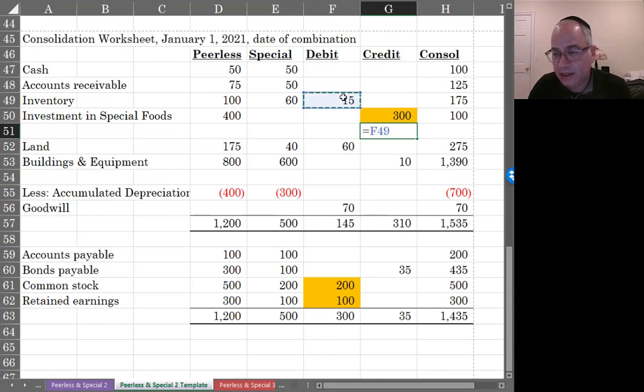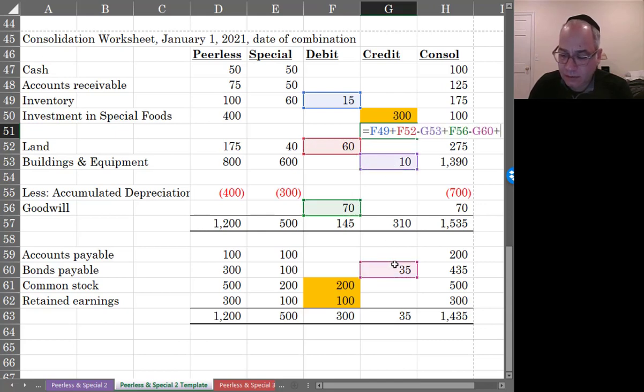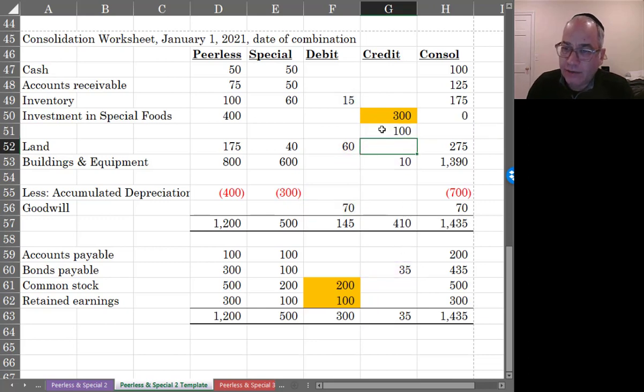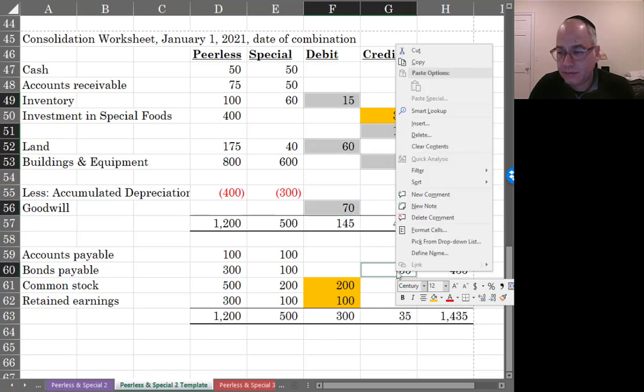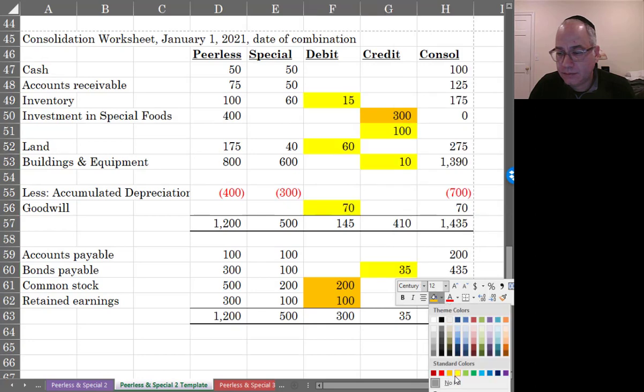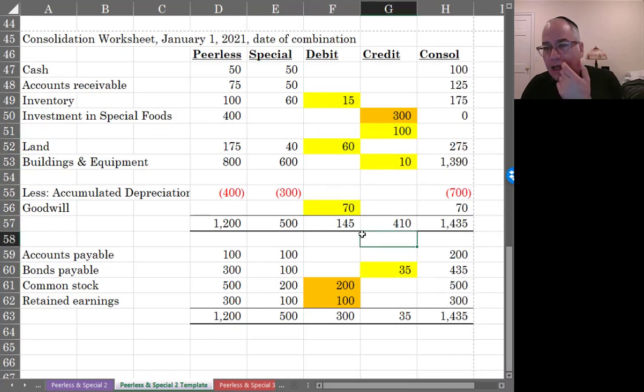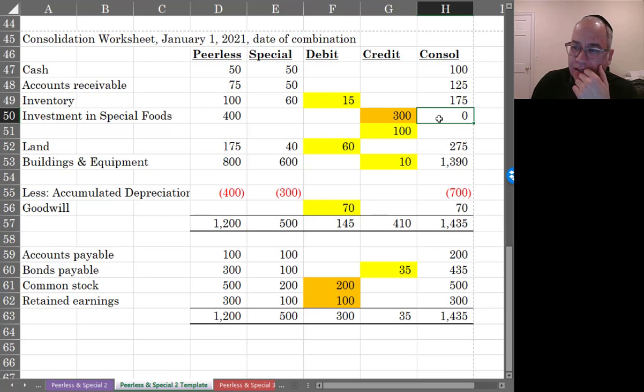So it'd be 15 plus 60 minus 10 plus 70 minus 35 would be a credit of $100,000. Let me highlight this entry for you. And that eliminates the investment in Special Foods.